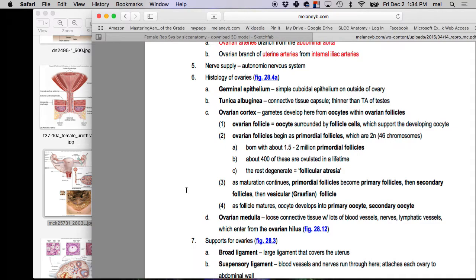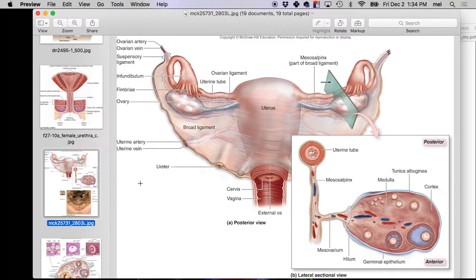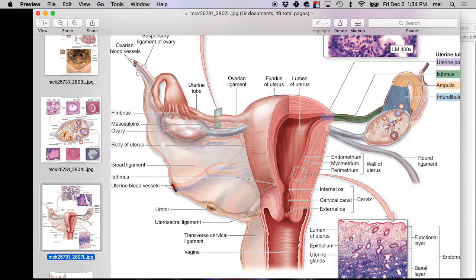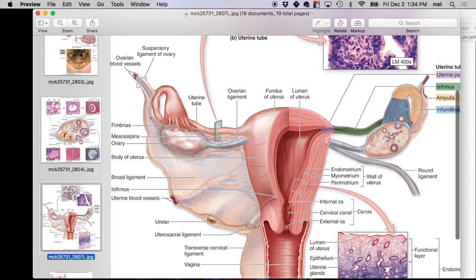And let's look at the ligaments, and then we'll go back to the function for a second. So what is holding the ovary up there? A couple of different things. First off, this is called the suspensory ligament, and it holds the, sorry, I said uterus, I meant ovary. It holds the ovary to the body wall, so it's like suspending it from the body wall.